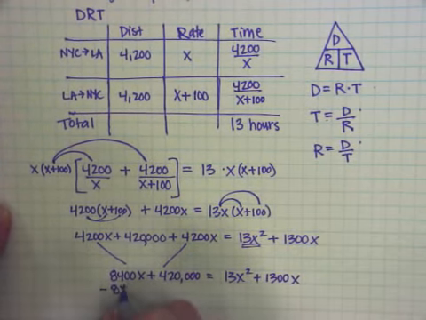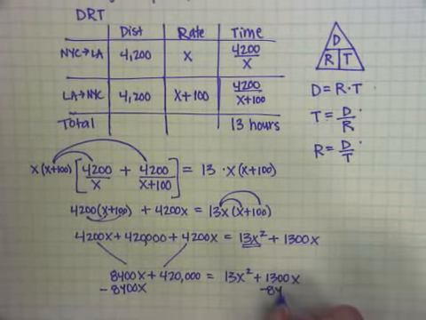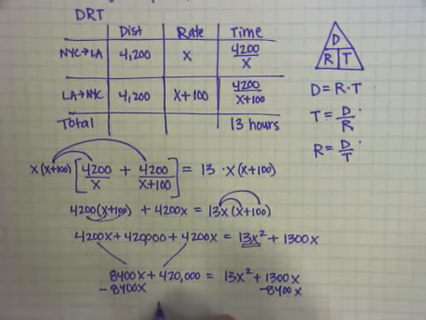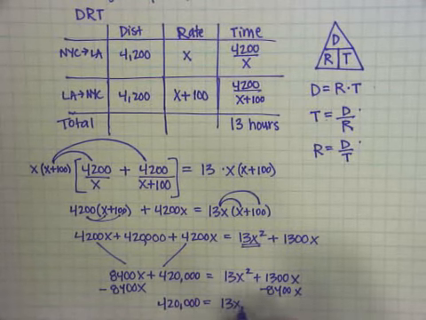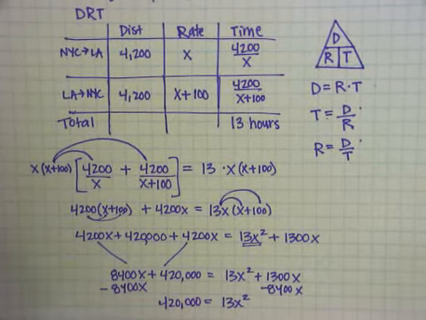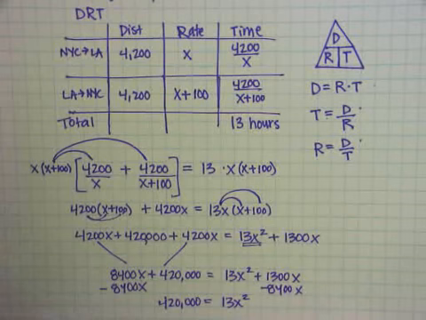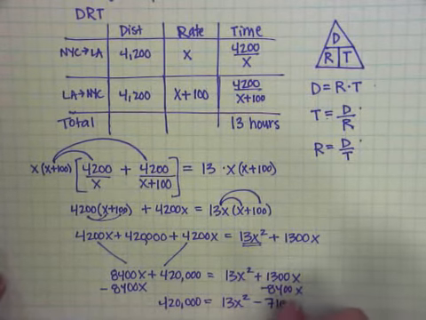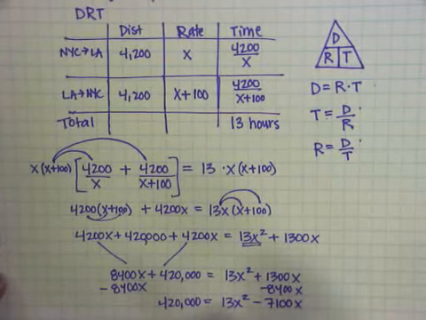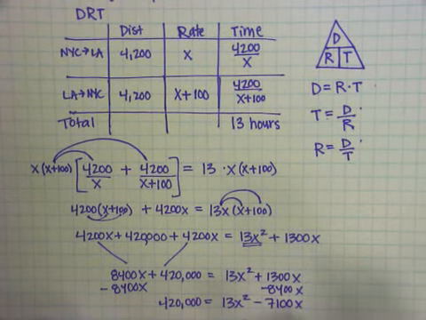And then I'm going to take 8,400x away from both sides. When I do that, I get 420,000 equals 13x squared, 1,300 minus 8,400 gives me negative 7,100. And then I'm going to take 420,000 away from both sides.